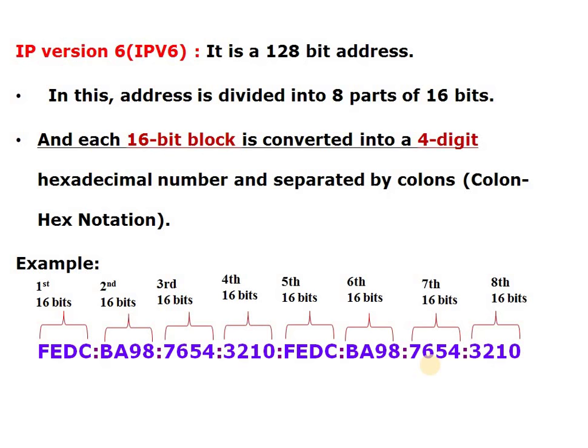We divide it into hexadecimal parts, and each 16-bit block is converted into a 4-digit hexadecimal number. So each 4-digit hexadecimal number represents 16 bits, and the 4-digit hexadecimal blocks are divided into 8 parts. That's why the 128-bit address is divided into 8 parts of 16 bits, and each 16-bit part is converted into a 4-digit hexadecimal number.